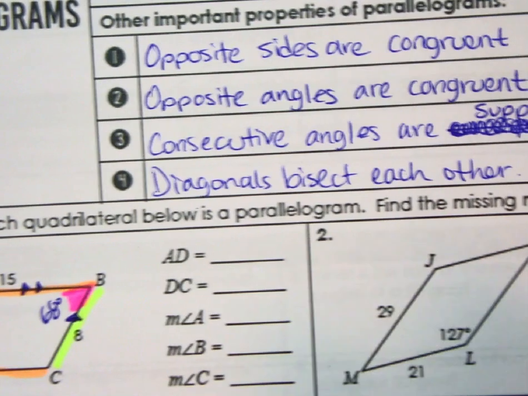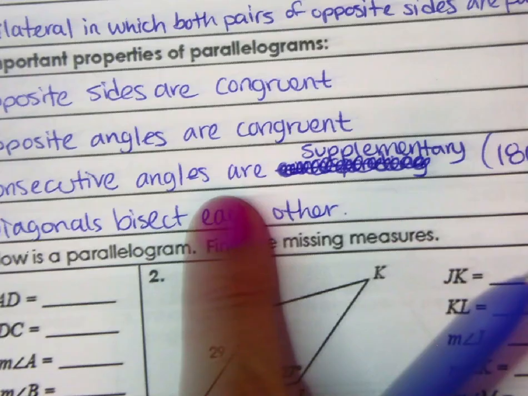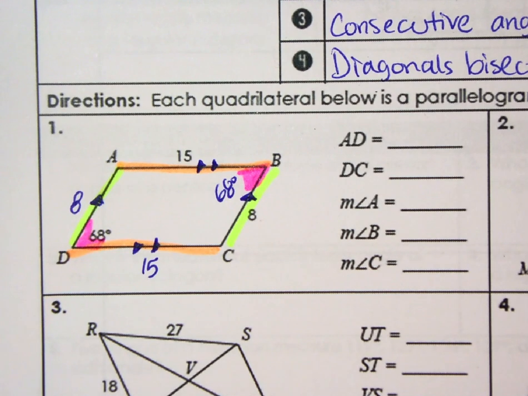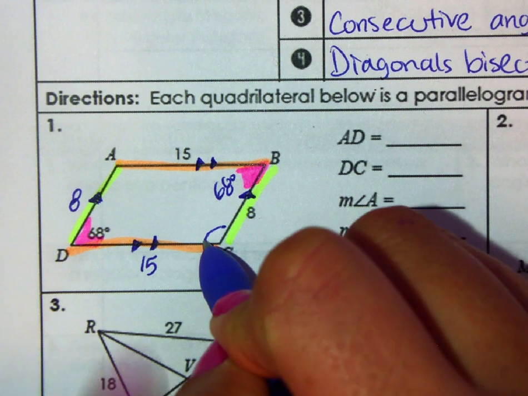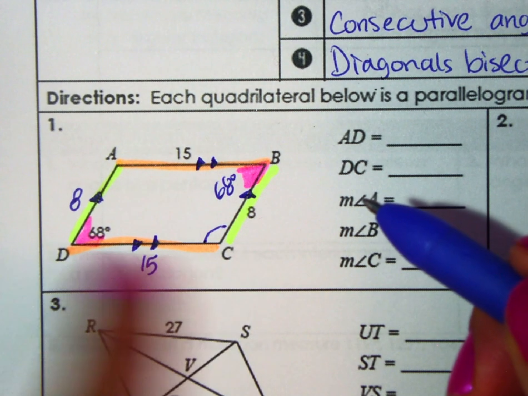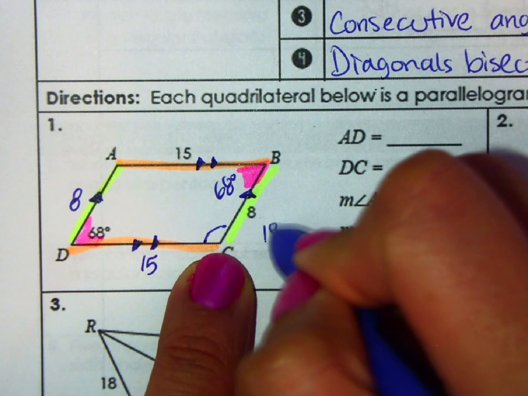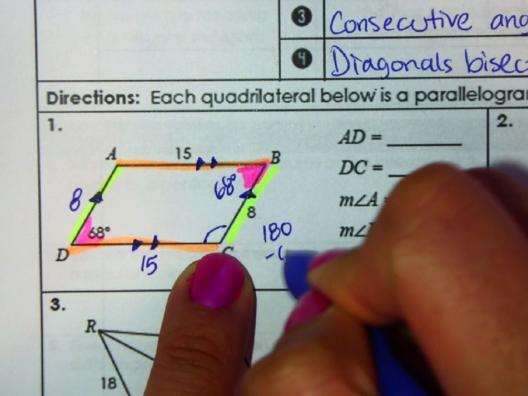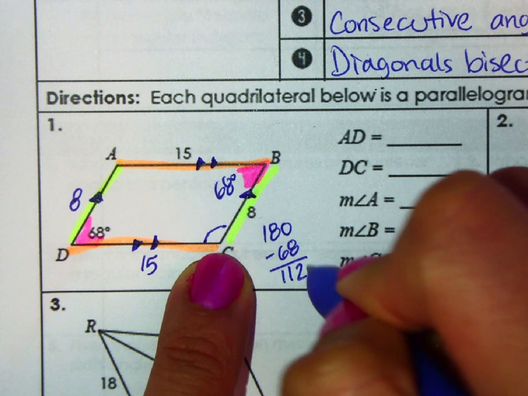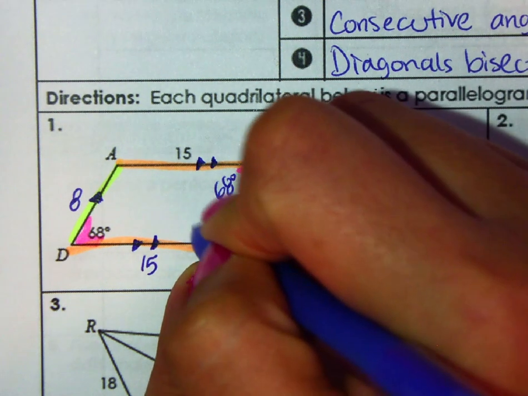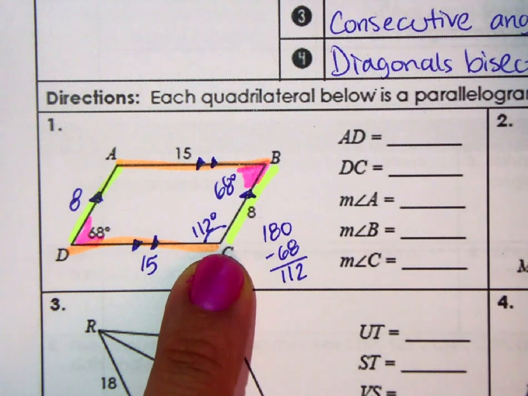The other statement is that consecutive angles are supplementary, which means they add up to 180. For example, this angle 68 is given, but this angle is not. But these two are next to each other, so they are supplementary, they add up to 180. We can just subtract 180 minus 68, and that gives you 112. That means this angle is 112 degrees.